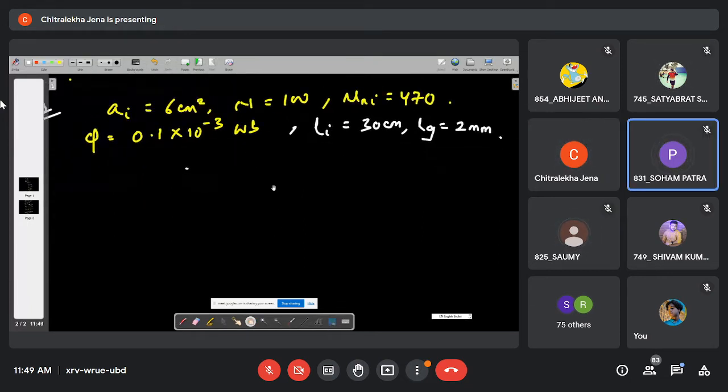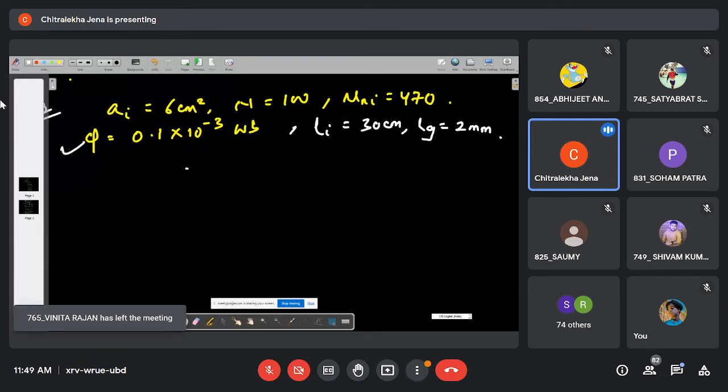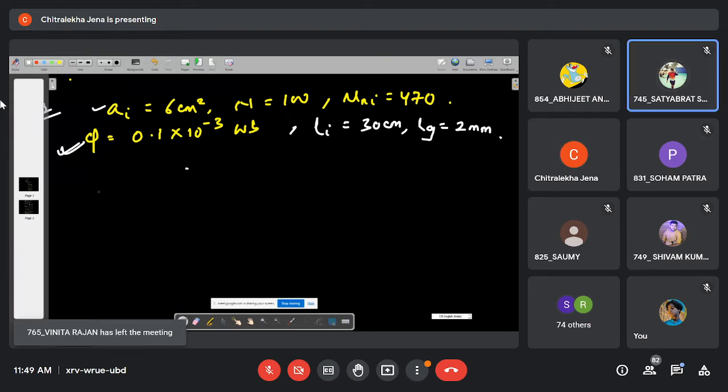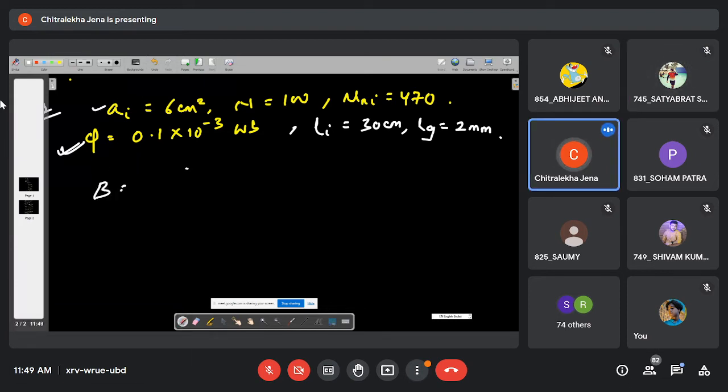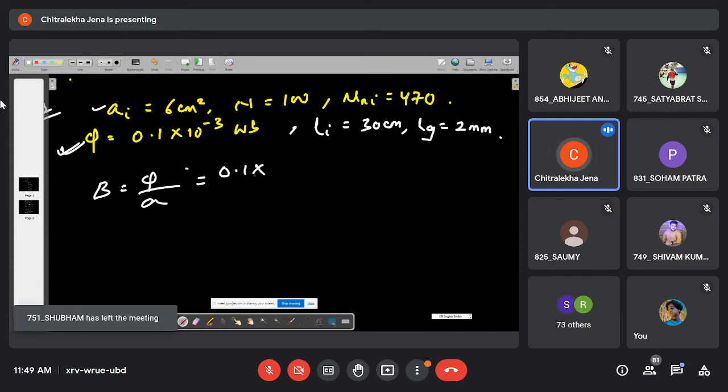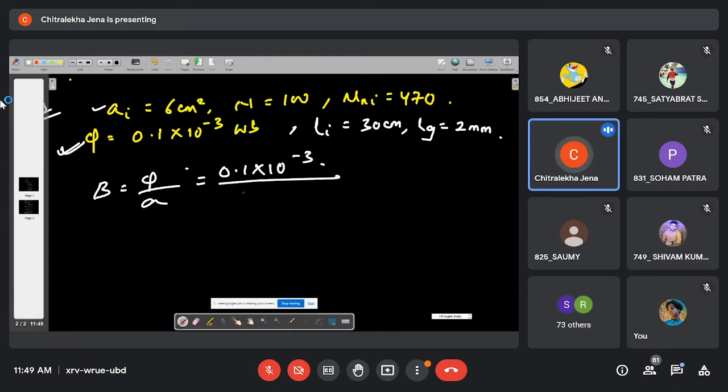Now I have the flux and the area of cross section. So what is my B? Simple: B is equal to phi divided by A. Phi is 0.1 into 10 to the power of -3, divided by A, 6 centimeter square.